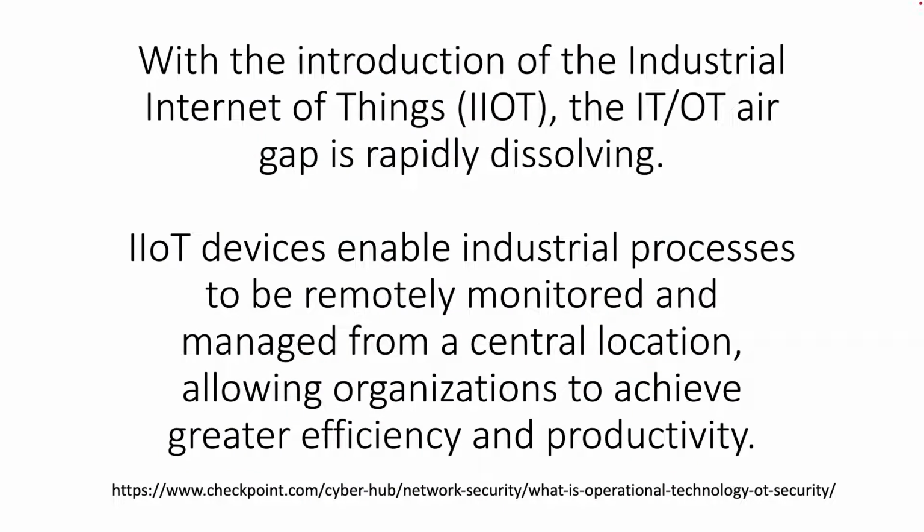With the introduction of the Industrial Internet of Things, or IIoT, the IT-OT air gap is rapidly dissolving. And by air gap, that just means that things are physically separated. IIoT devices enable industrial processes to be remotely monitored and managed from a central location, allowing organizations to achieve greater efficiency and productivity.